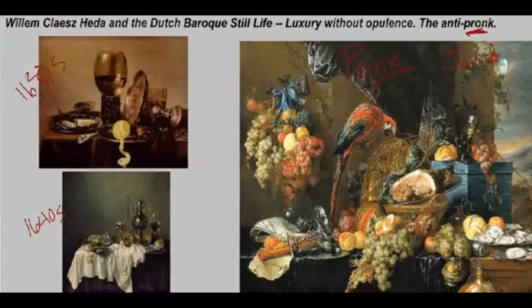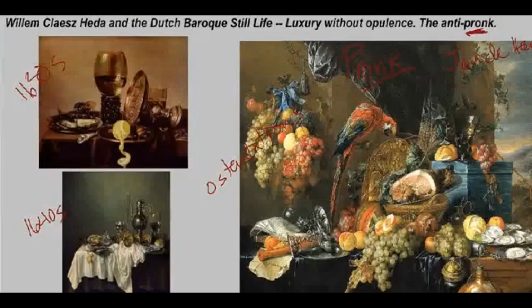Jan de Heem painted this painting in the mid-17th century, and it's an excellent example of a Pronk still life. And Pronk simply means, hopefully you remember, ostentatious. And I think you can see this is an ostentatious still life, right?